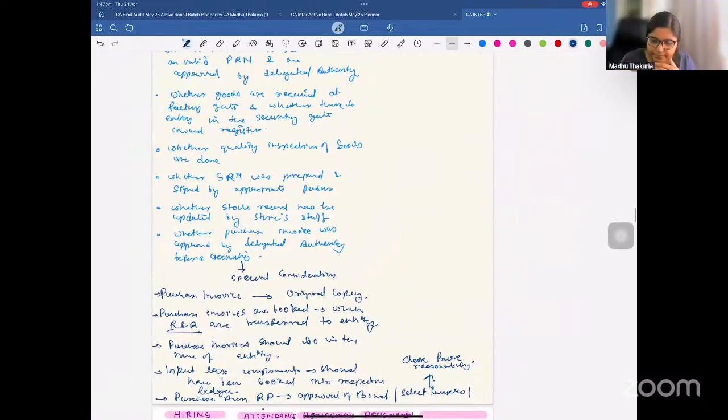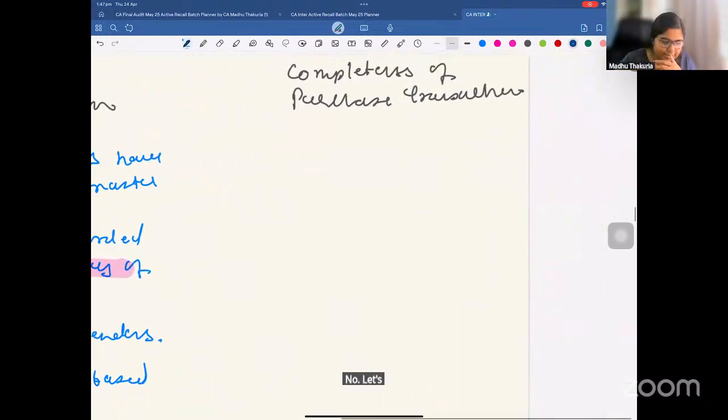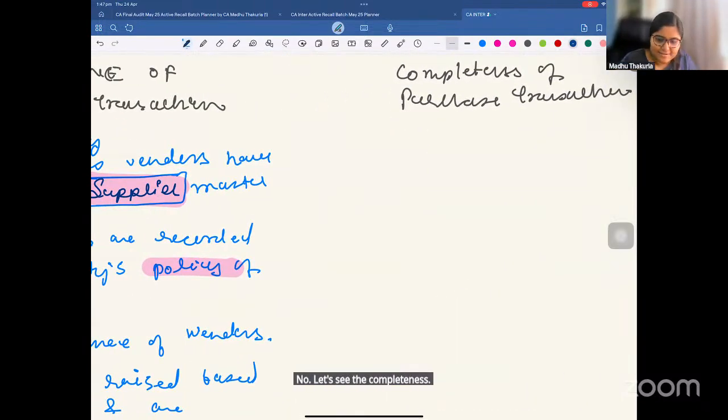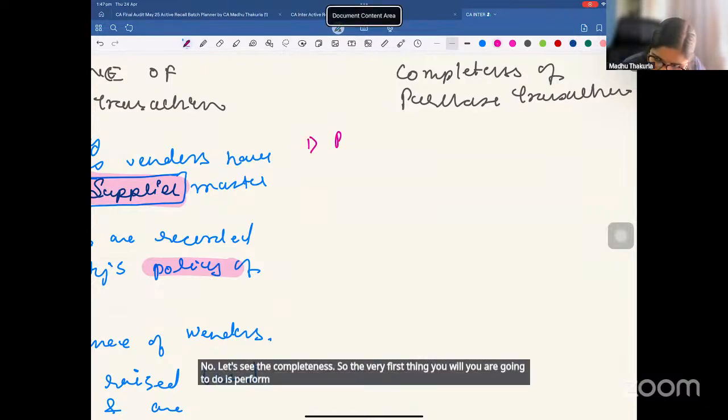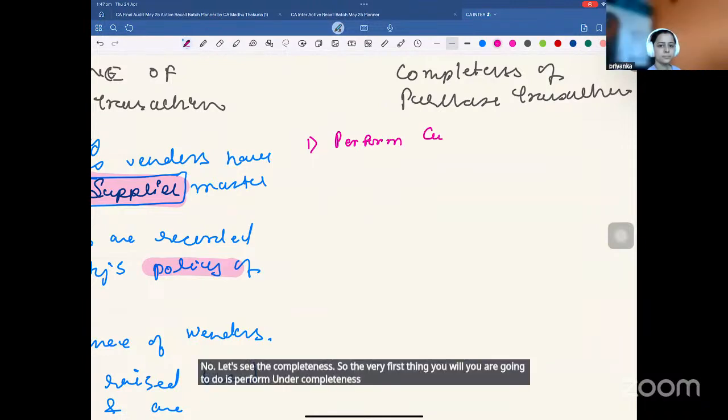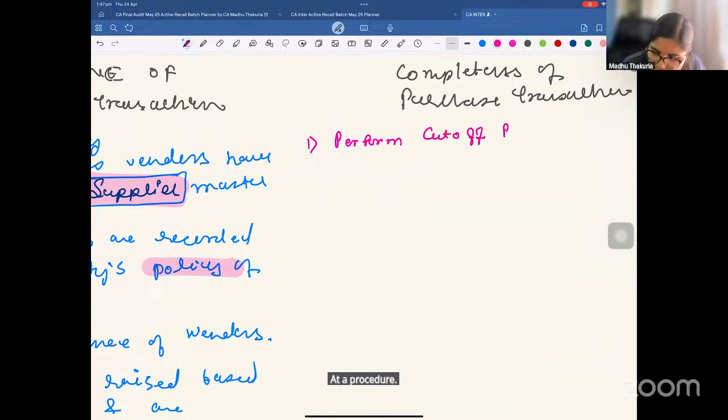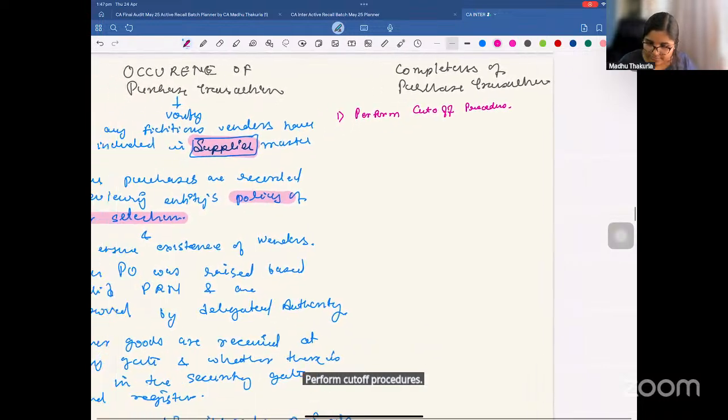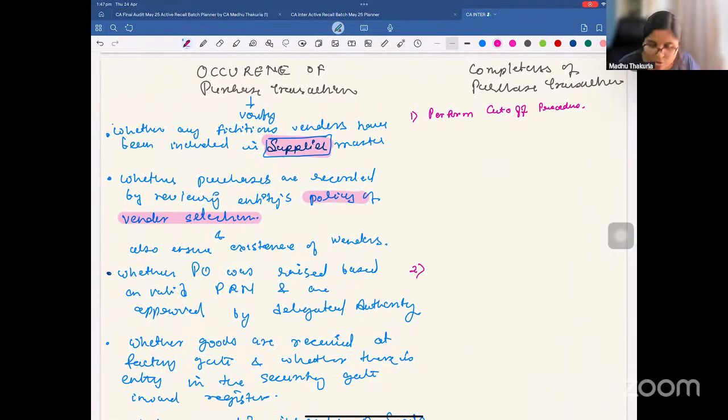Now, let's see the completeness. The very first thing you are going to do is, under completeness, perform cutoff procedures. Did I tell you the problem of the goods in transit case?